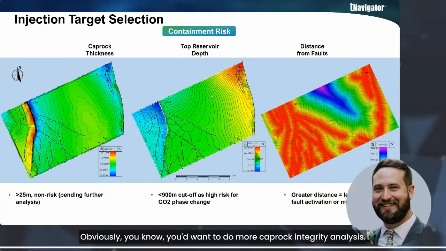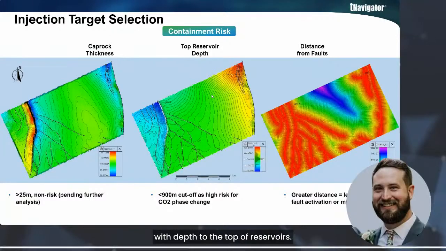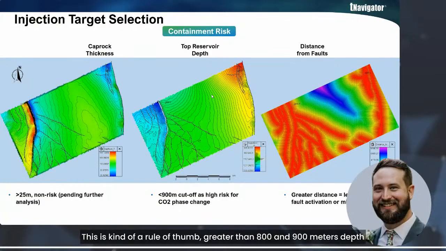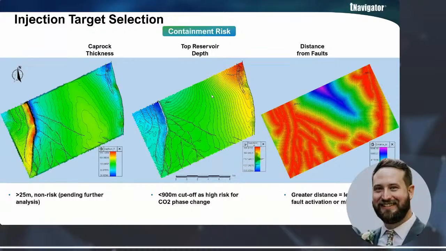Obviously, you'd want to do more caprock integrity analysis for an actual project you're going to move forward with. For depth to the top of the reservoir, we really wanted anything greater than 900 meters. This is a rule of thumb, greater than 800 to 900 meters depth, to make sure you're at a supercritical state when you're injecting. And really the only issue area was at the northern top corner.